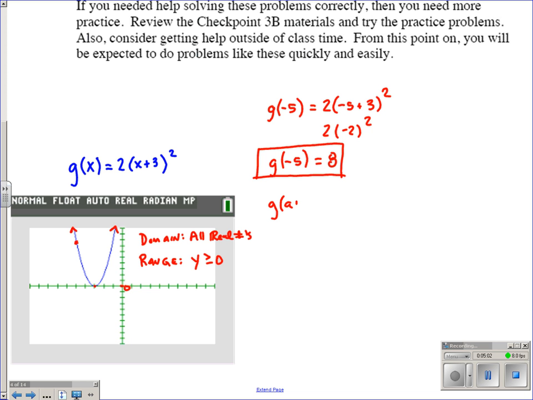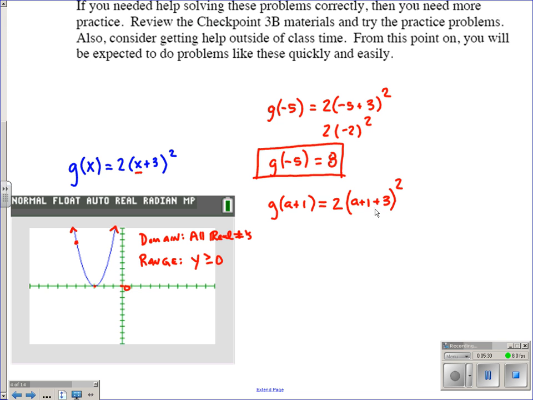So g of a plus 1 equals 2. And now where I had my x, I'm going to put in an a plus 1, and then remember we're still adding the 3. So plus 3, and that whole thing is going to be squared. Use your order of operations to simplify.